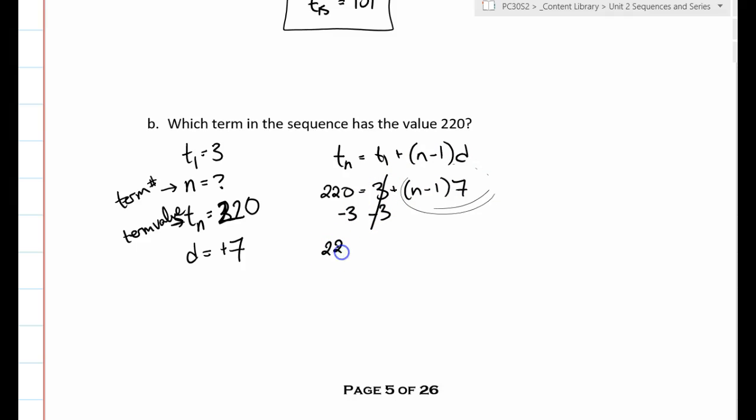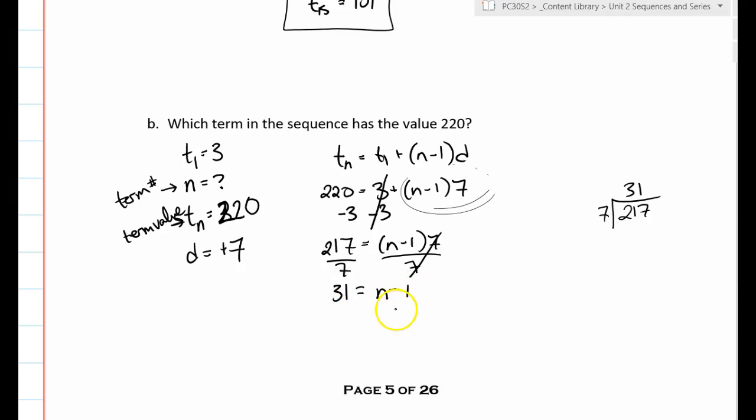So we've got 217 equals n minus 1 times 7. Now I need to strip away what's outside the brackets, so I'm going to divide by 7. That leaves me with n minus 1, and it's equal to 217 divided by 7, which is 31.